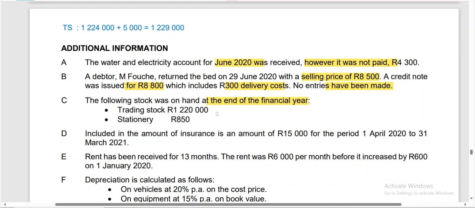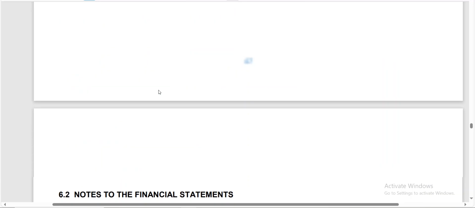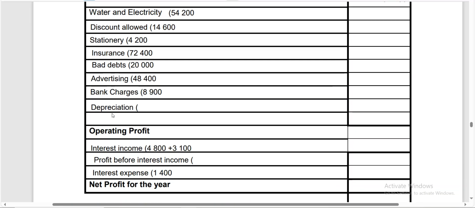And remember, we must do the comparison. So we are going to have a trading stock deficit. In this case, it becomes a shortage. So on our income statement here, we're going to have a trading stock deficit. I'm going to put it here. I'll open the first bracket and then open another one.